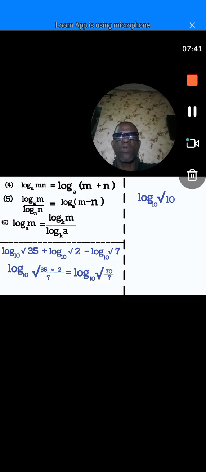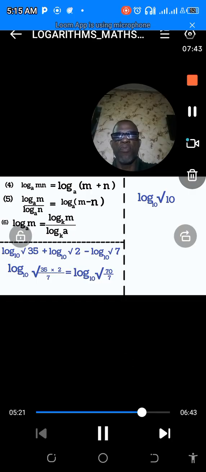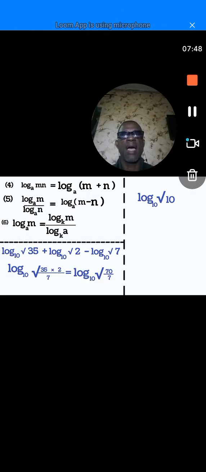Base 10. And for this log root 10 base 10, we have to obey the power rule of logarithm. The root there is as good as raising to power 1 over 2.